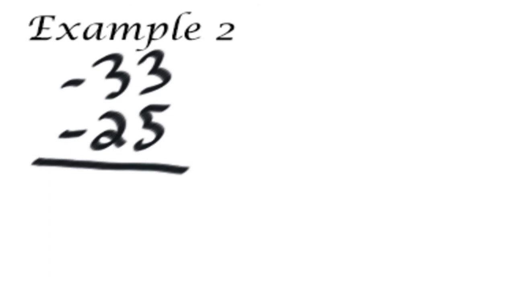Let's think about another example. Let's think about a game show where people answer questions right and gain points, or maybe they get the questions wrong and lose points. So our second example brings us to the problem negative 33 minus 25.